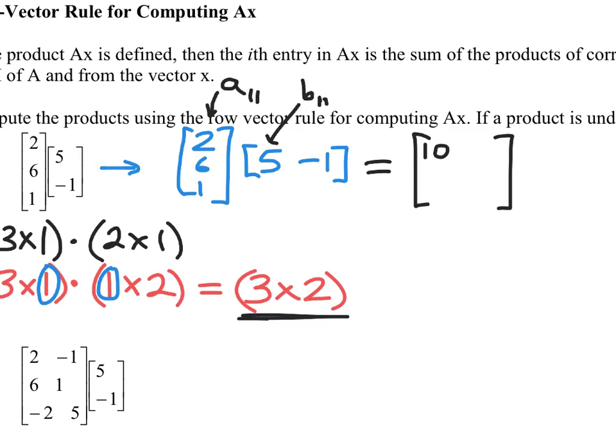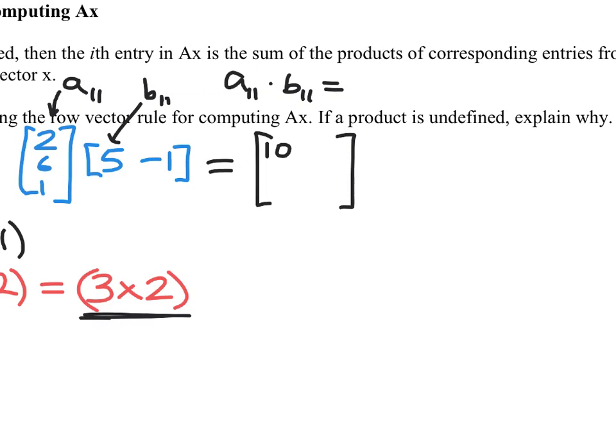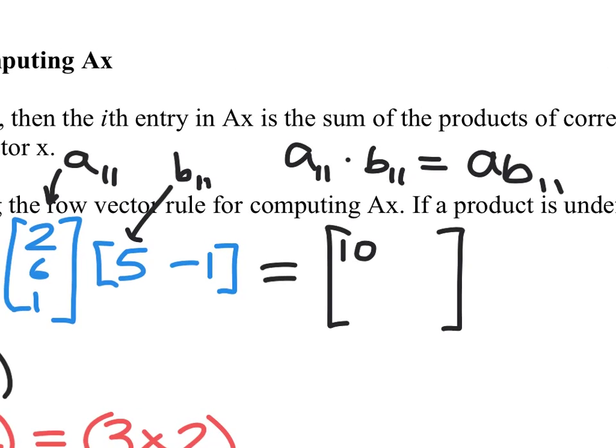When you multiply them together, A sub 1,1 multiplied by B sub 1,1 should give you AB sub 1,1. Not because they actually match each other, but because we're looking at the merging of the two ideas.